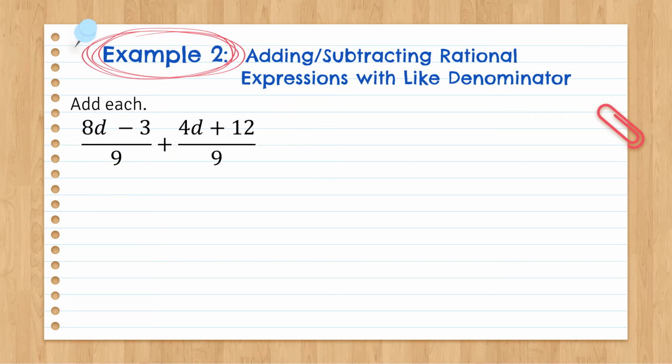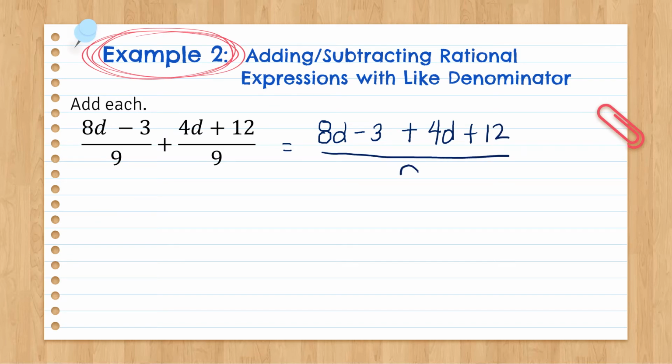For example number 2, we have 8d minus 3 over 9 plus 4d plus 12 over 9. So again, we simply copy first our numerators in one numerator, combine them, and if we can simplify, we simplify. We copy the common denominator.